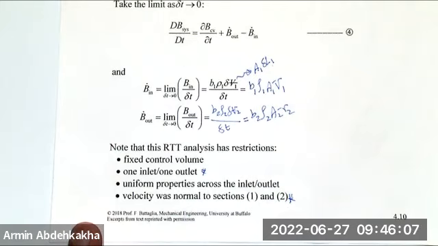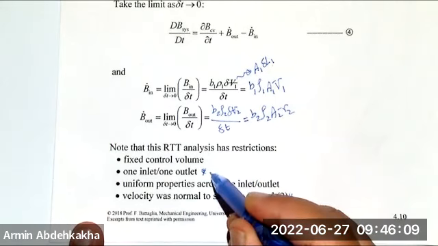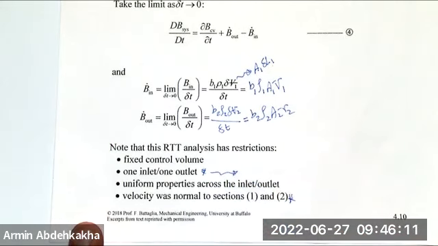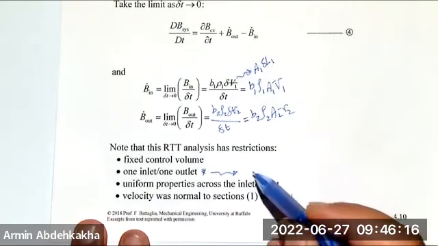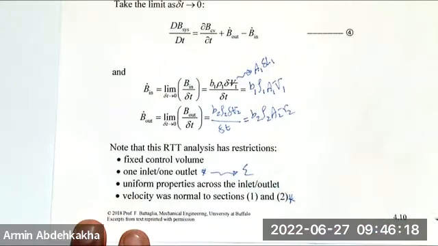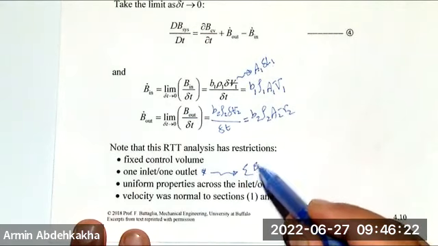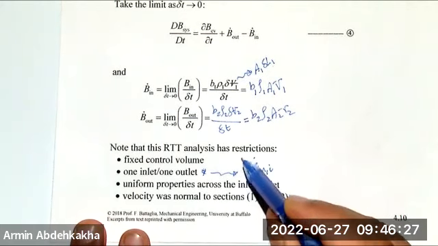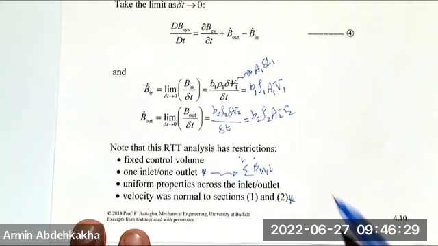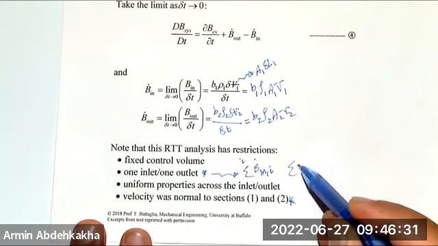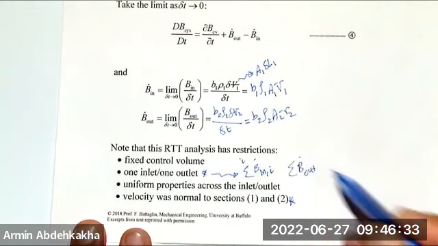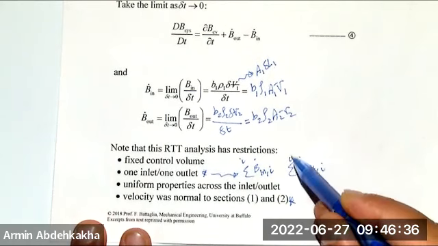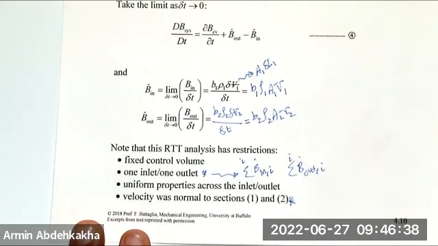So for multiple inlets and outlets, it's easy because you only need to sum up. If you have multiple inputs, then you sum up all the B dot in of i, and also the B dot out of i.